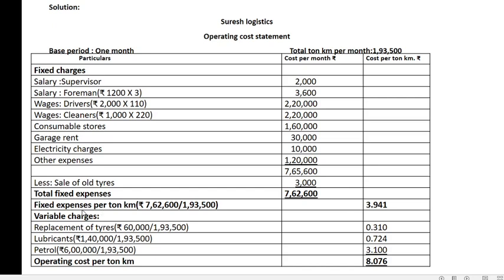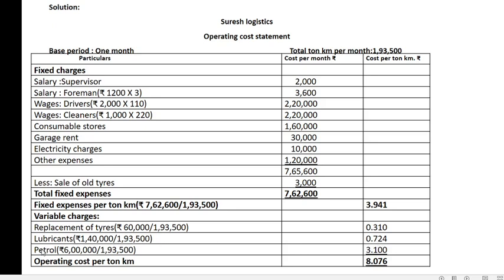Now we take the variable charges. Replacement of tires, rupees 60,000 divided by 1,93,500. So this is replacement of tires, 0.310. Lubricants, rupees 1,40,000 divided by 1,93,500 is 0.724.